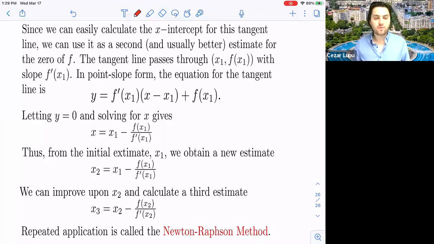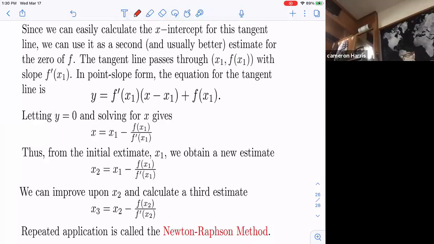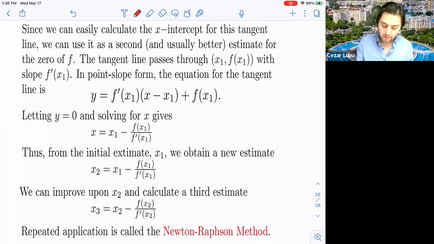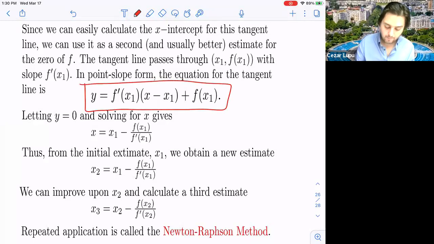Since we have all this information and we know how to write the equation of the tangent line in slope form, let me write it.